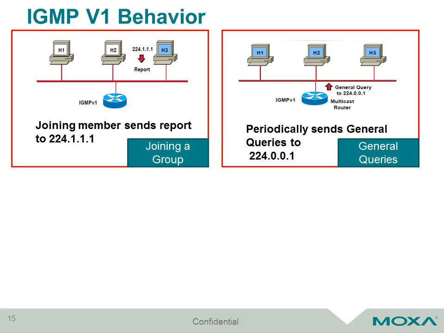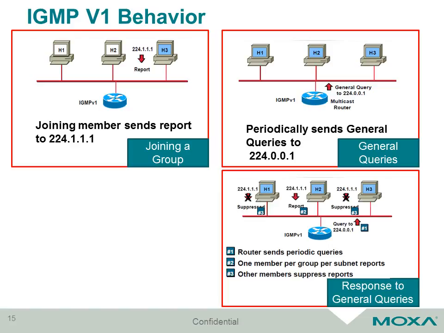The router will send a general membership query to 224.0.0.1 periodically. Third diagram is basically referred to membership report. Once hosts receive the router's periodic membership query message, one member from each group per subnet will send out a membership report.